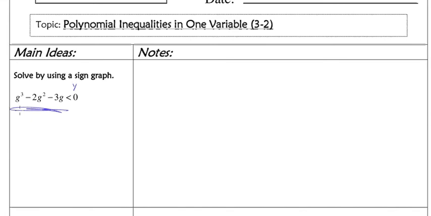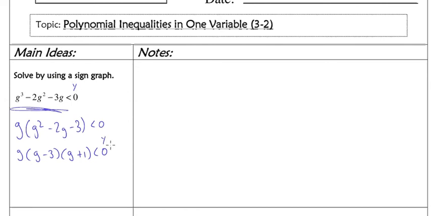Kind of a long introduction, but let's factor this out. So I'm going to have g times g squared minus 2g minus 3, still less than 0. And that factors down to g times g minus 3 and g plus 1, still less than 0. And remember, instead of 0, think of it as y, because that will let us graph this.